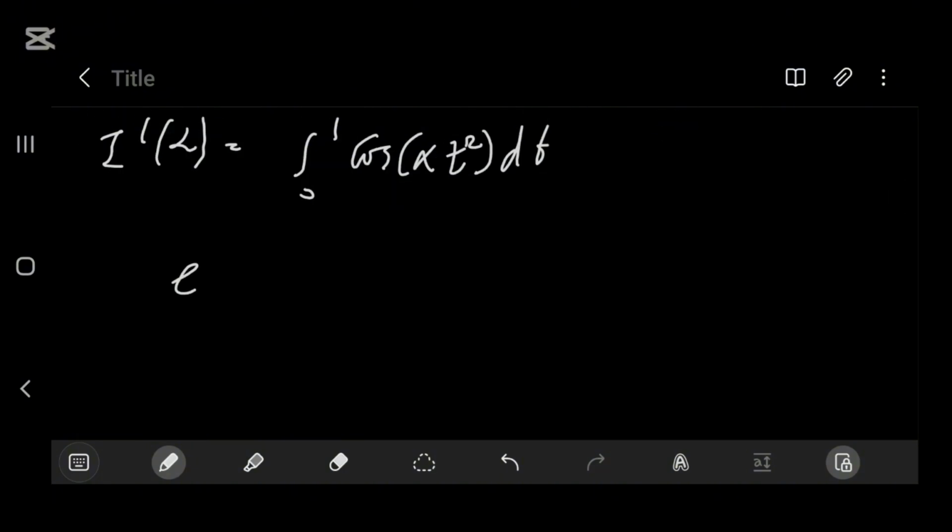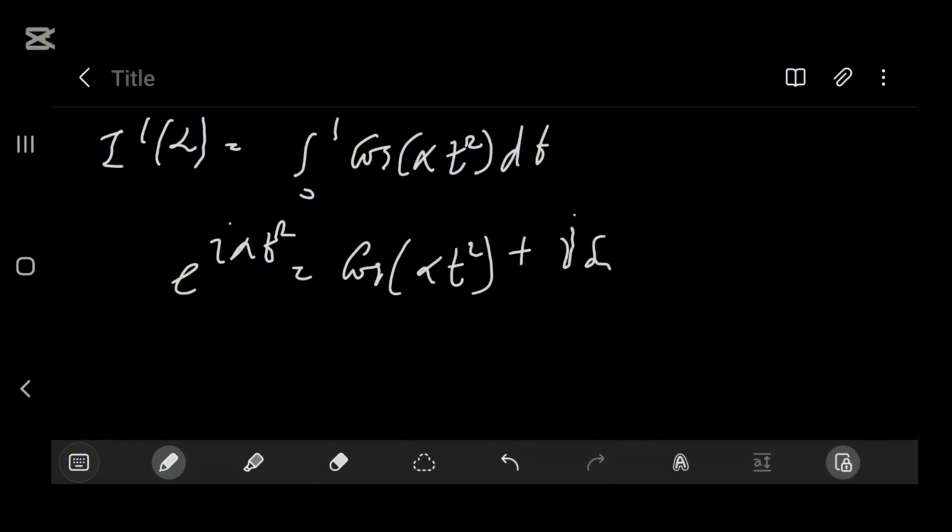We know that e^(i alpha t²) is cos(alpha t²) plus i sin(alpha t²). Well, cos(alpha t²) is actually the real part of e^(i alpha t²).